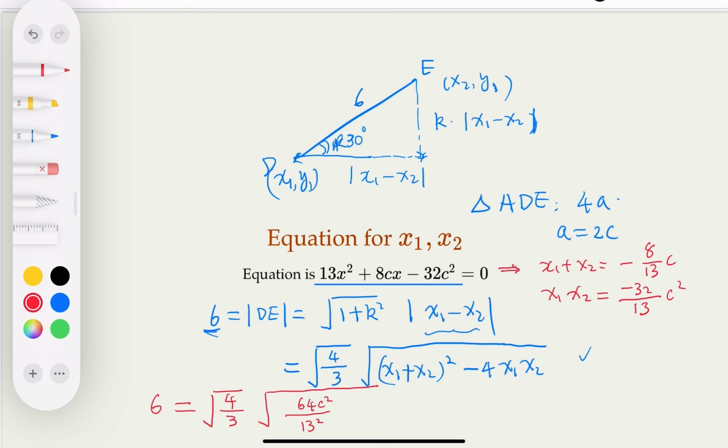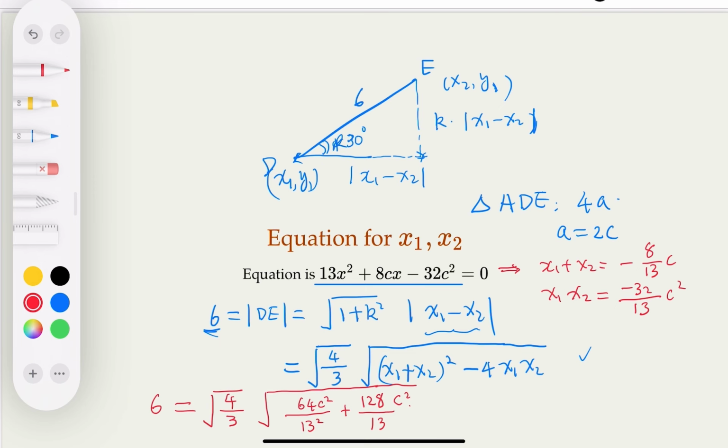and minus 4 times, this is minus, minus, so it will be plus, 13 times c squared, and then 4 times 32 is 128, times c squared.